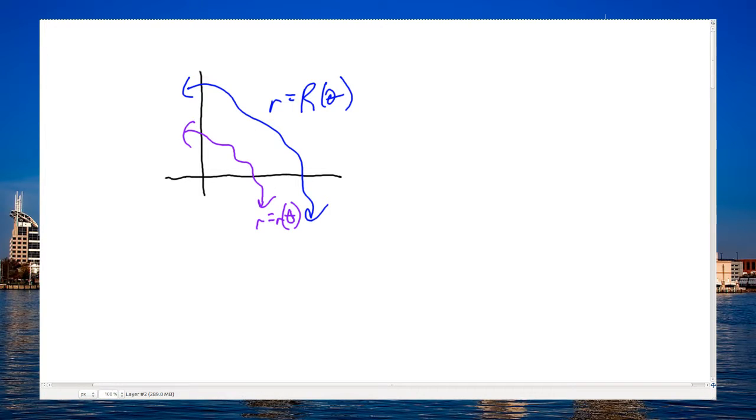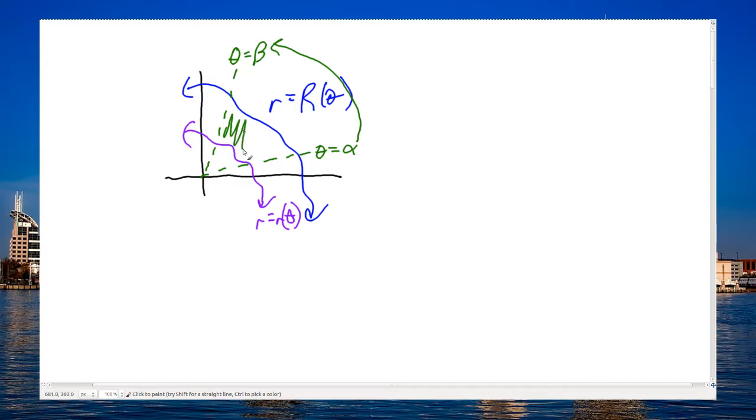All right, and I want to know the area between these two curves for particular theta values, which might be where the curves cross each other, or I might be told what the theta values are, but here's theta equal to beta, theta equal to alpha. And remember, we think of this as going counterclockwise from the smaller alpha to the bigger beta.